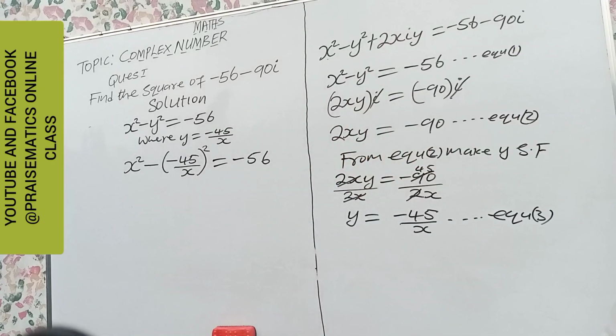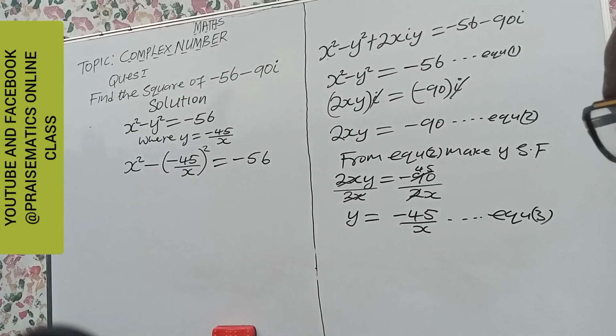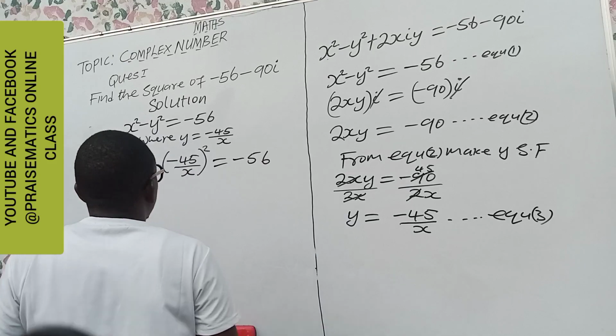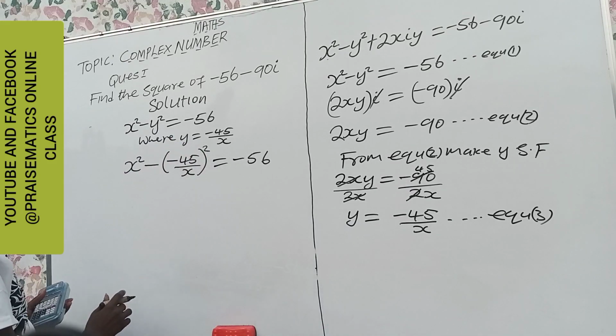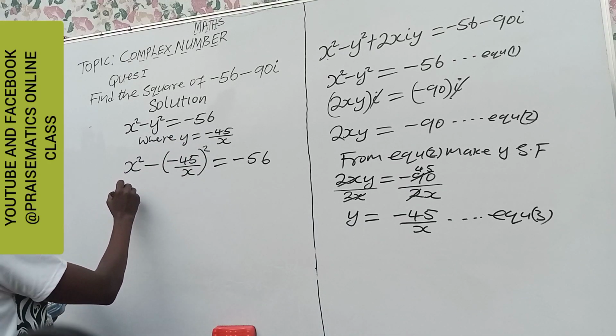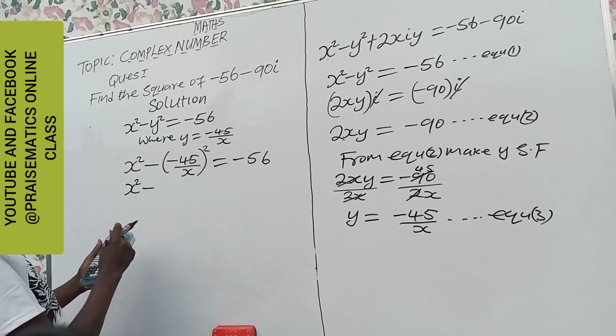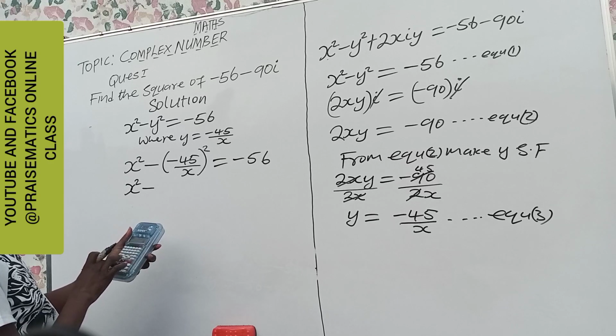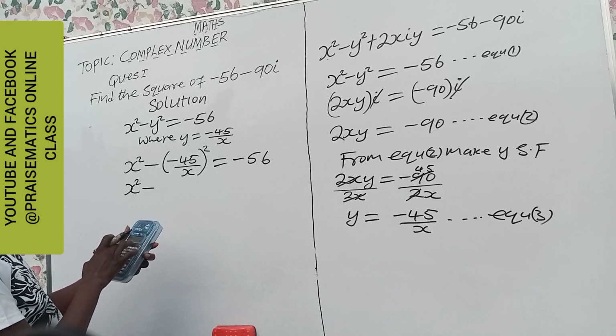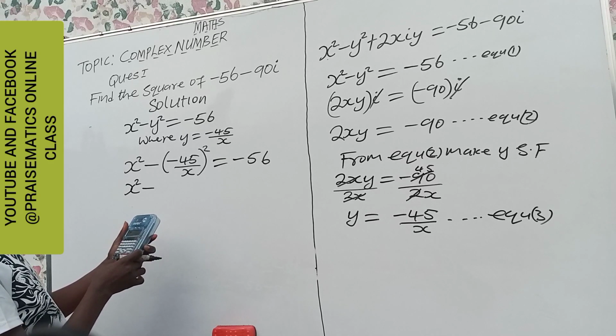We need to expand this power. And what do we have? We have x squared minus, 45 times minus 45. 45 times 45 will give us 2025.